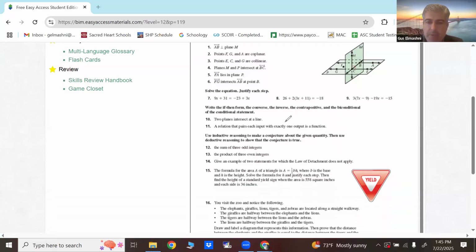A relation that pairs each input with exactly one output is a function. So you could say, if a relation pairs each input with exactly one output, then it is a function.